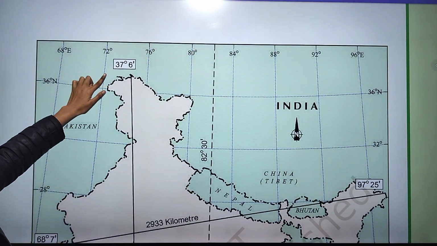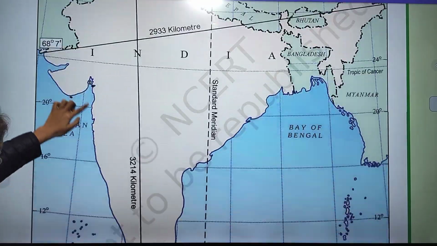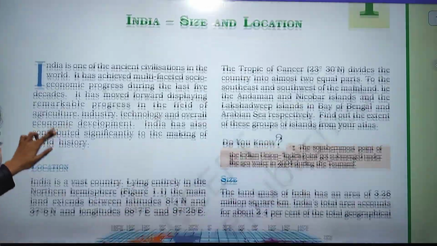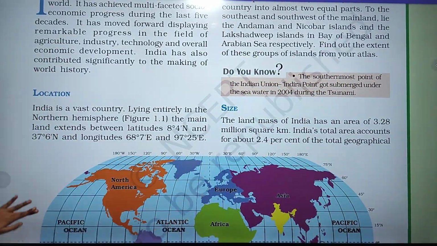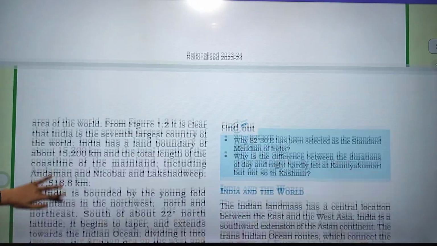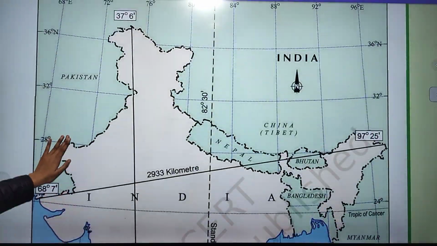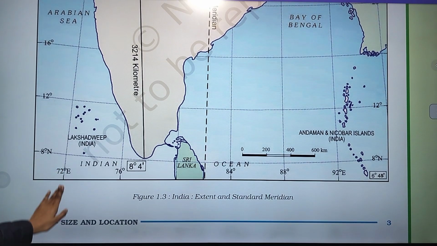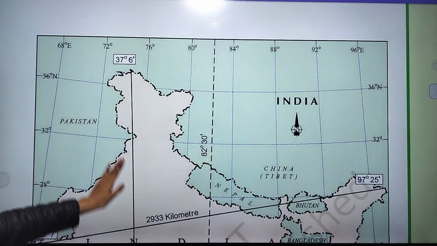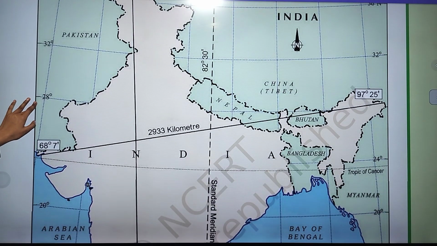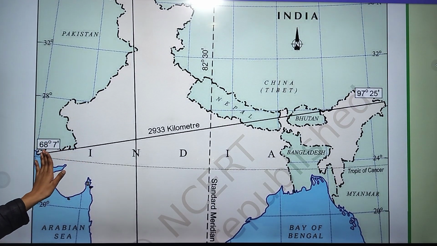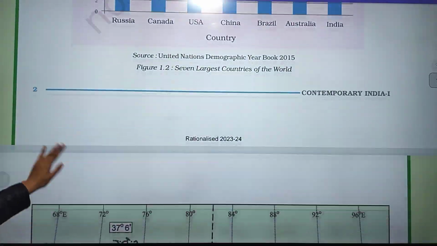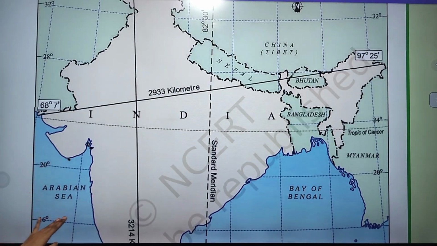See here, the latitudinal value is from Jammu Kashmir to Kanyakumari, 8 degree 4 minute to 37 degree 6 minute, and the longitudinal value is 68 degree 7 minute east and 97 degree 25 minute east, from Gujarat to Arunachal Pradesh.